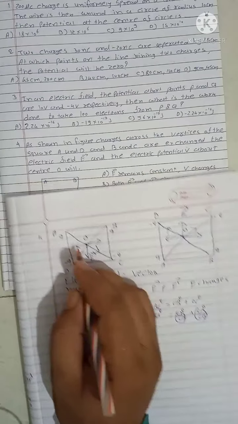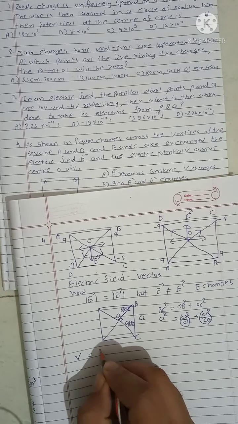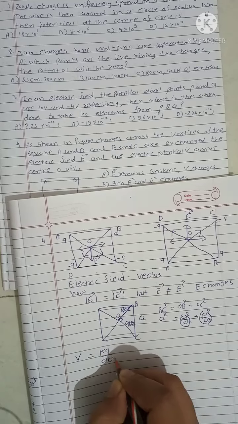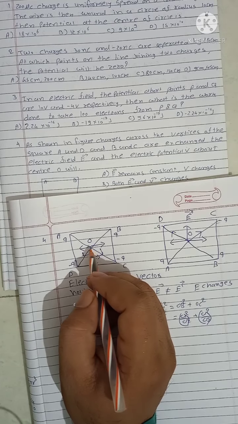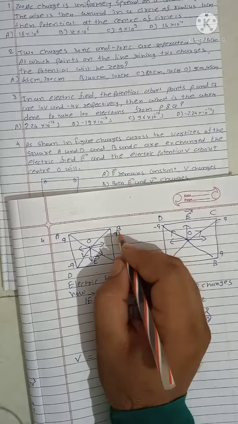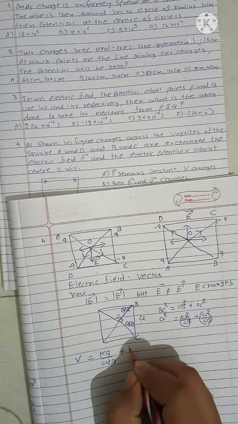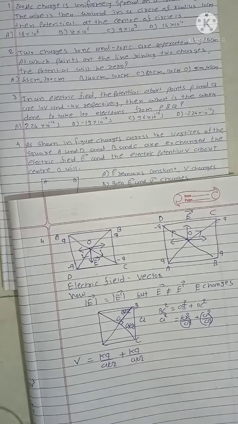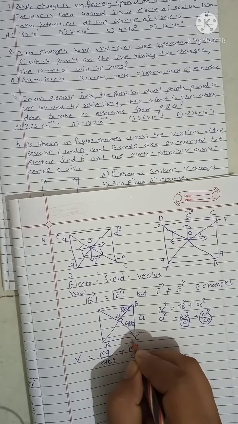At A there is a positive charge, so the potential becomes kq upon a by root 2, as the distance from A to center O is a by root 2. Plus at B there is also a positive charge, so kq upon a by root 2 is the potential at B.